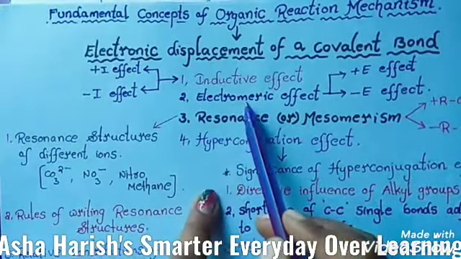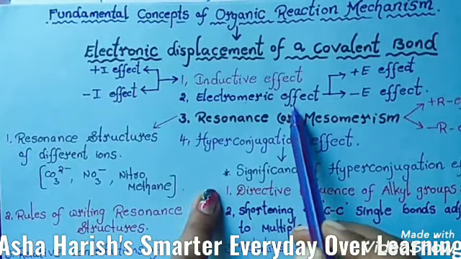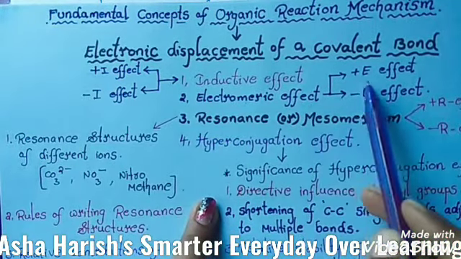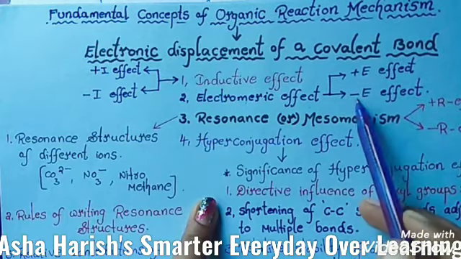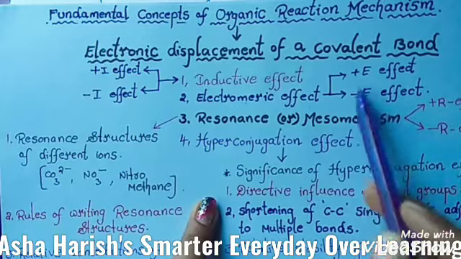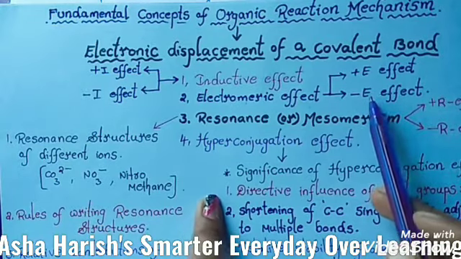The second one is the electromeric effect, also with two types: plus E effect and minus E effect, nothing but plus electromeric effect and minus electromeric effect.